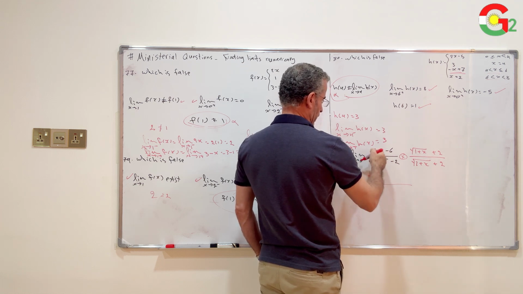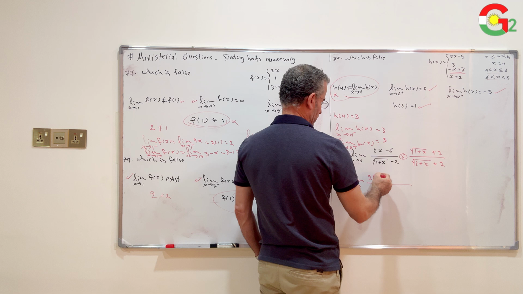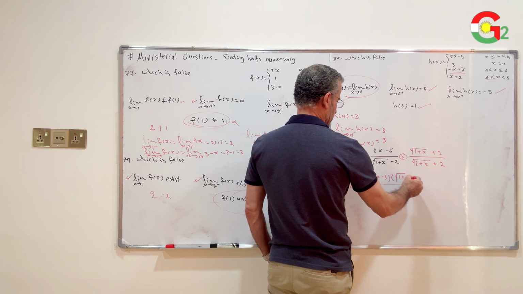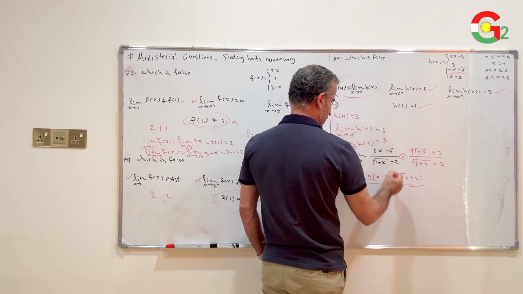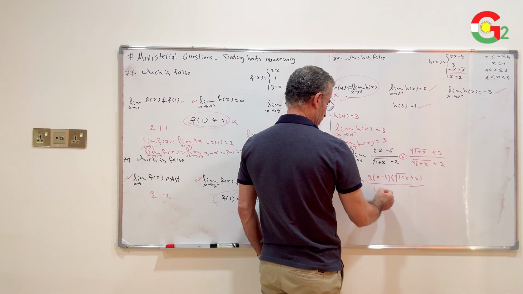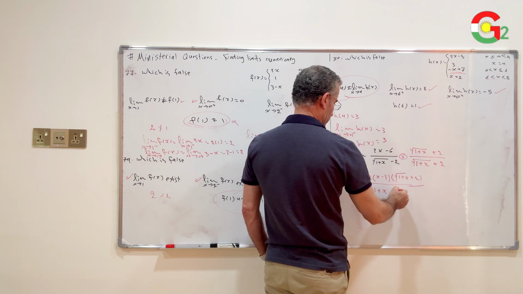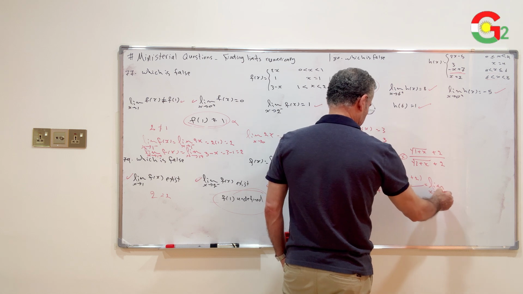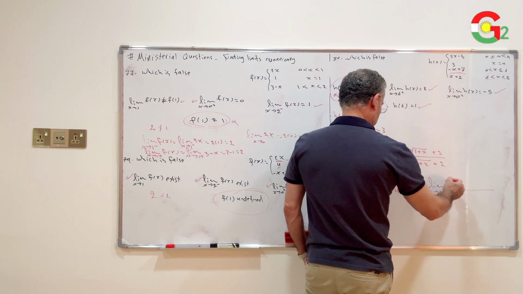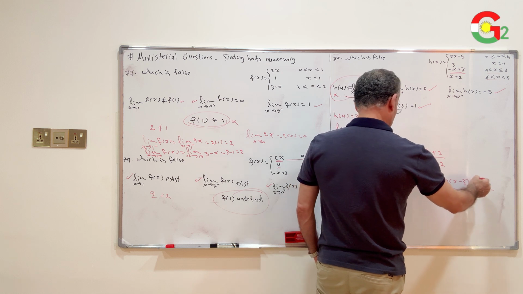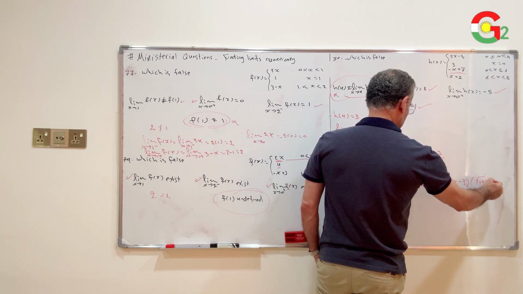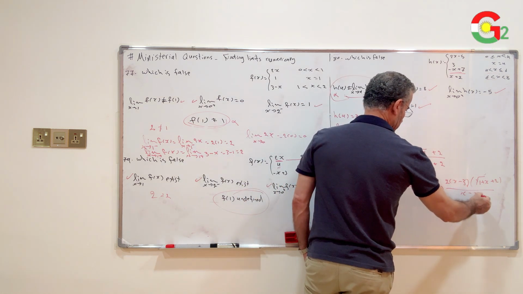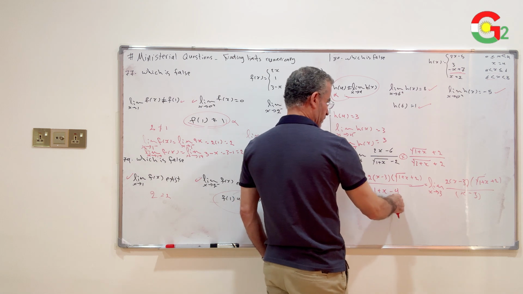2, take it as a common factor: x minus 3 times square root of 1 plus x plus 2, over square root times square root of 1 plus x, negative 2 times positive 2, negative 4. Then the result will be the limit as x approaches 3 of 2 times x minus 3 times square root of 1 plus x plus 2 over x minus 3.